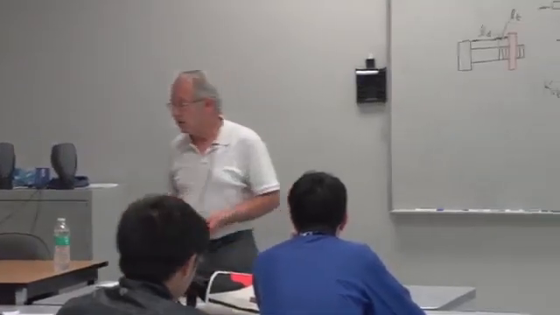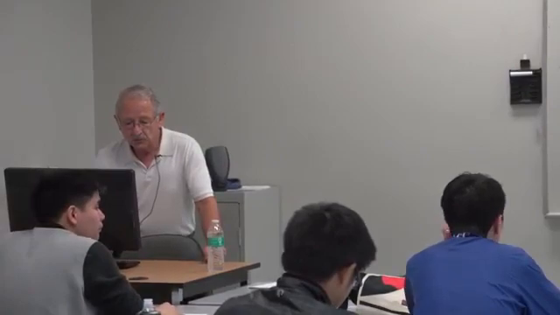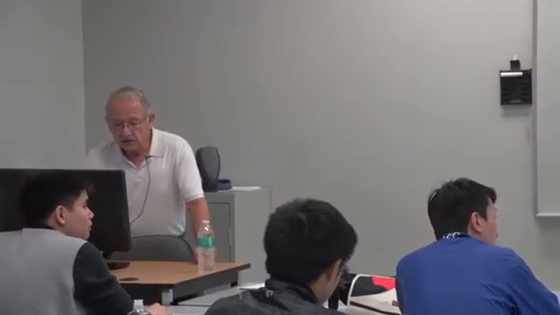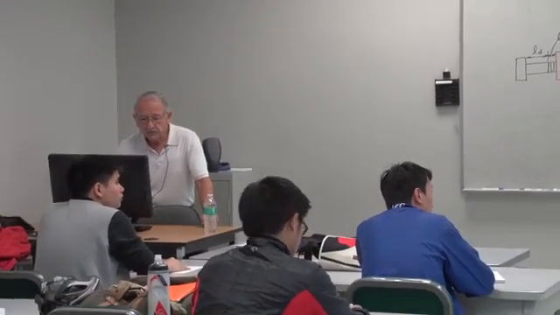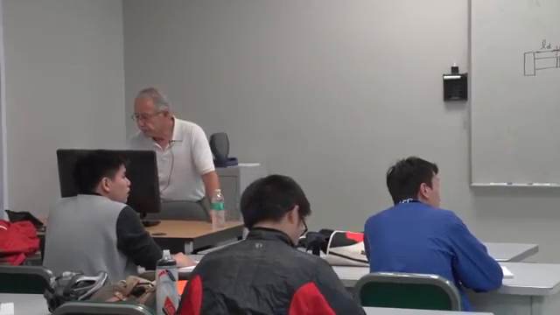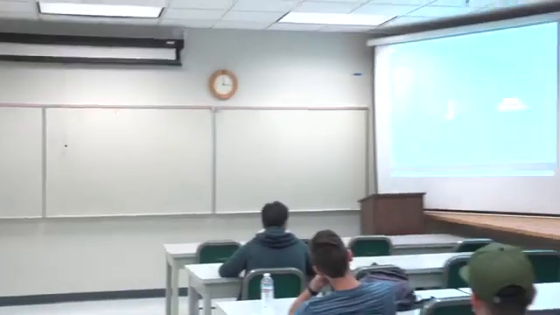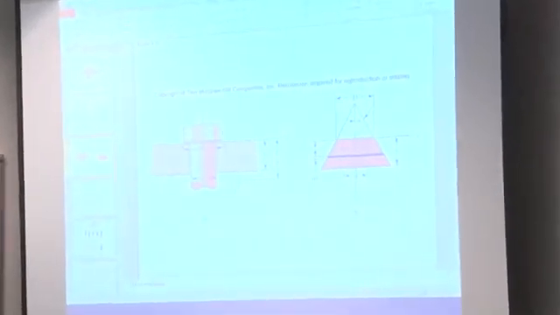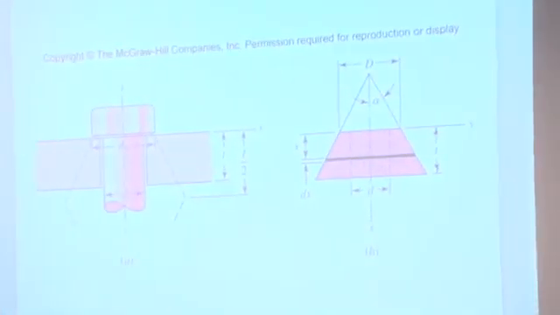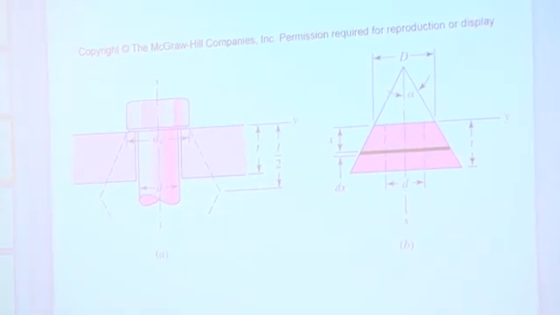And the stiffness of the member is a little bit more complicated than that of the bolt. The reason is that in the member, the area that's under compression does not remain a constant.